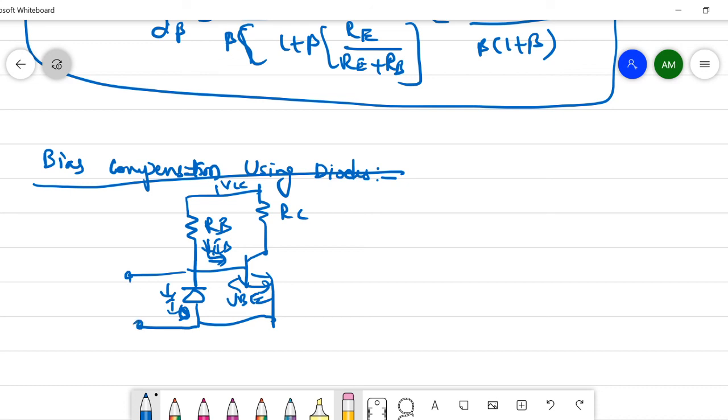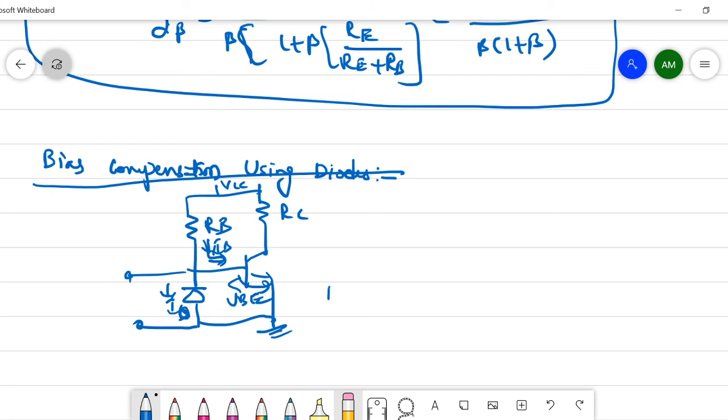This is the transistor amplifier with the diode connected across the base emitter junction, for compensation of change in collector saturation current ICO.